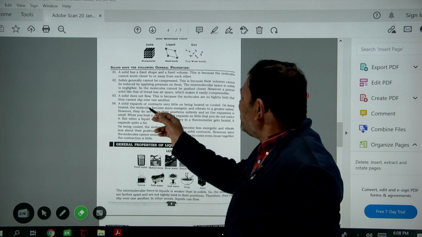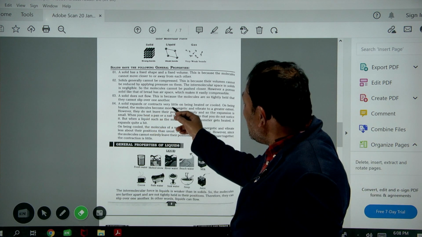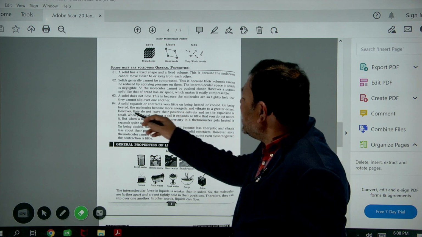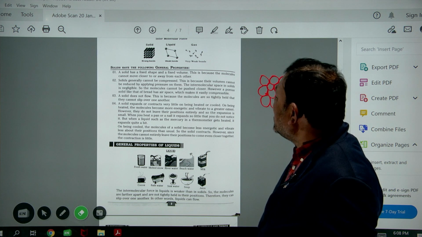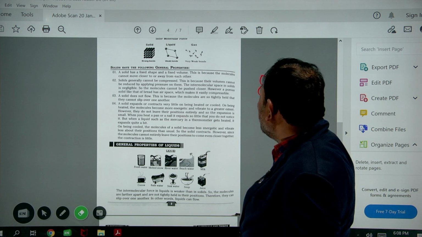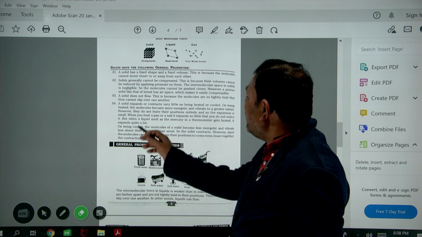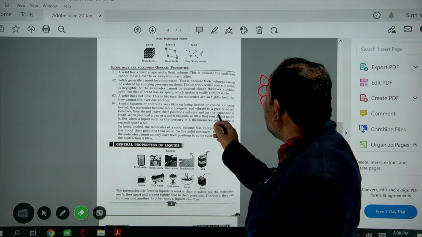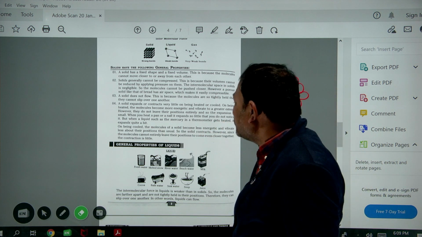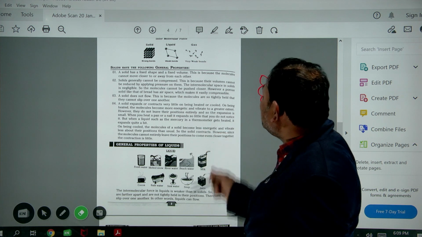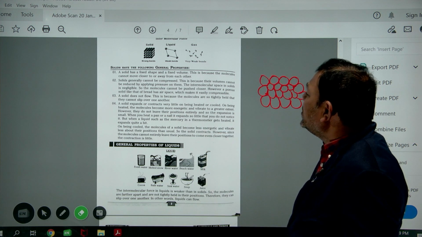A solid expands or contracts very little on being heated or cooled. On being heated, the molecules become more energetic and vibrate to a greater extent. However, they do not leave their positions entirely, so the expansion is very small. When you heat a pan or nail, it expands so little that you do not notice it.